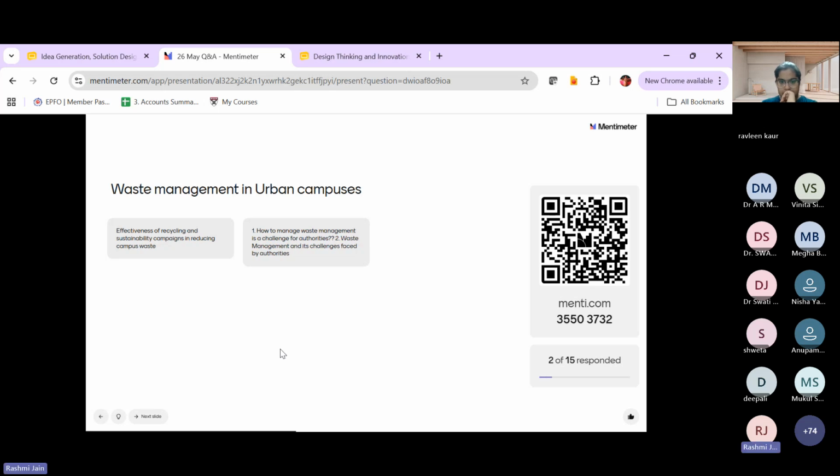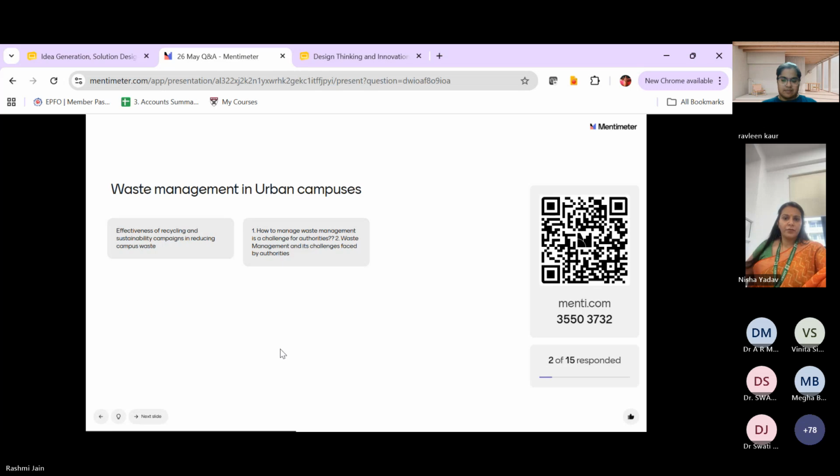Waste management is a challenge for authorities. Okay, so you're saying why waste management is a challenge for authorities. Waste management and its challenges faced by authorities, in urban campuses.